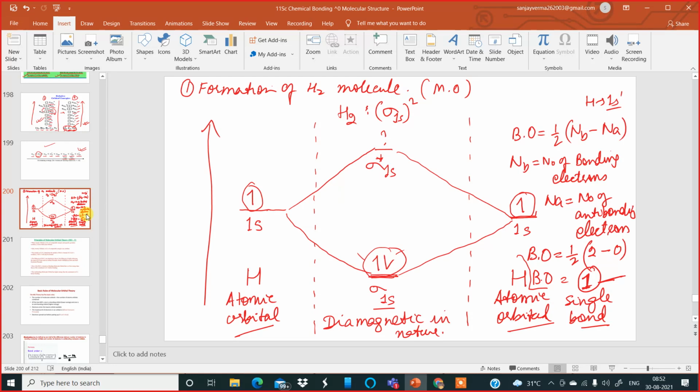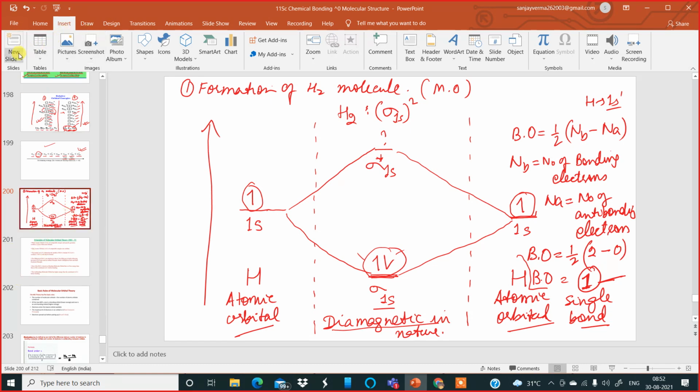After that, look at the diagram carefully. If all the molecular orbitals contain paired electrons, it is diamagnetic. But if there are any unpaired electrons, it will become paramagnetic. So this was the first example for drawing the molecular orbitals for the formation of hydrogen molecule.